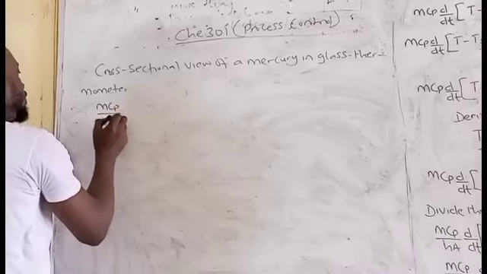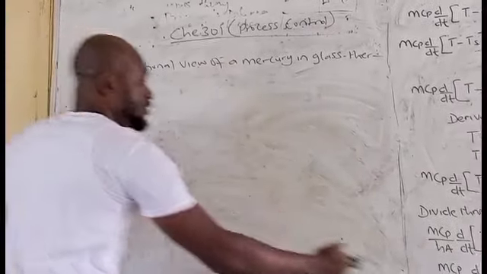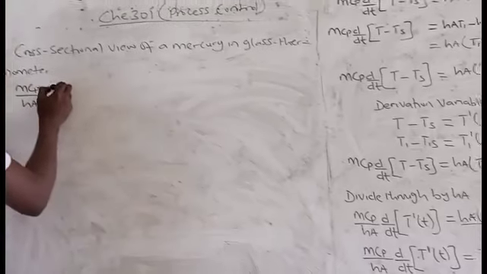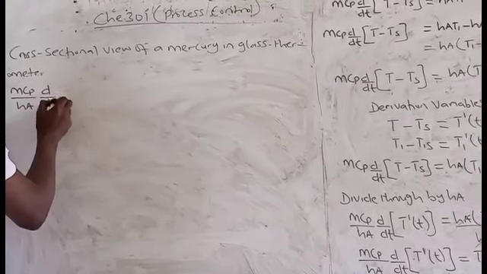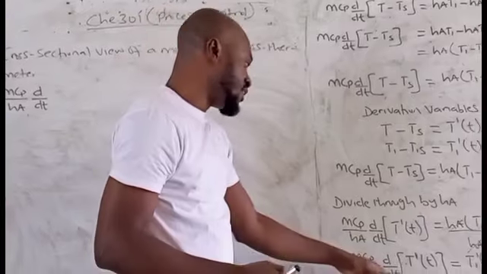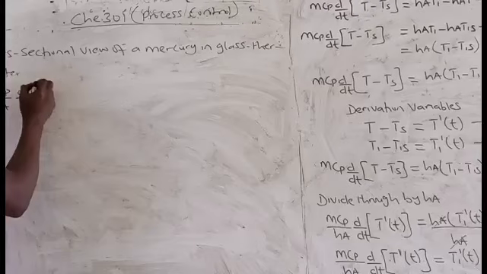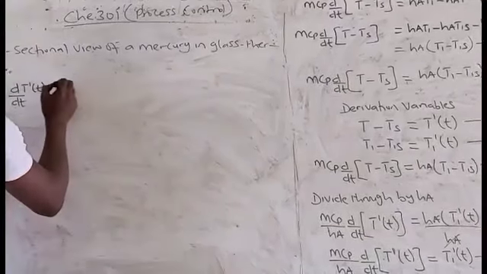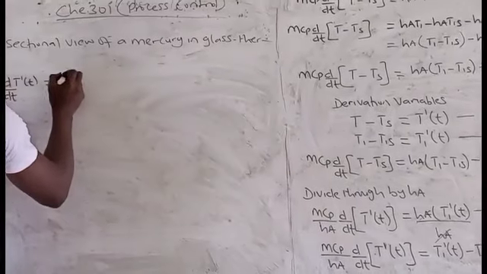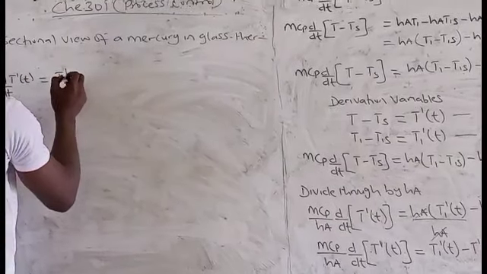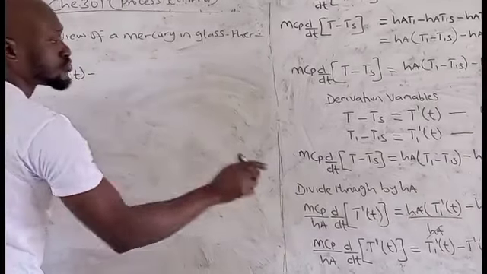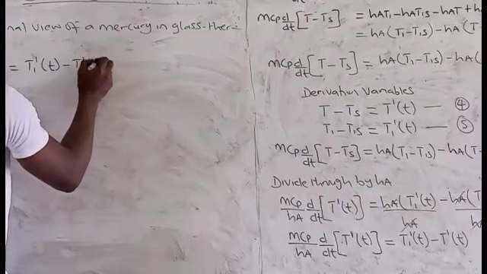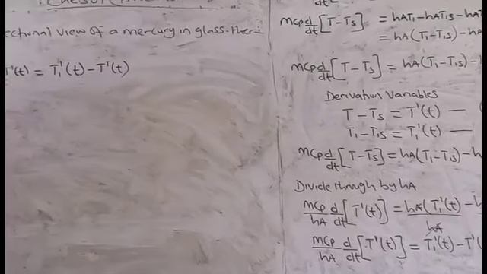Now, MCp over Ha, then this equation, I'm writing it here. They have d over dt. So this d over dt times T prime of t will give you dT prime of t over dt, then is equal to T1 prime of t minus T prime of t. So we're going to come up with a differential equation.